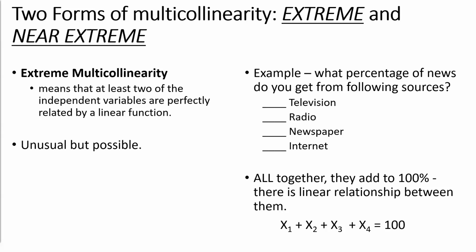And then you can say, compared to television, this is the relationship or the coefficient for this particular media form versus television. So there are ways to deal with it by creating dummy variables, but the problem with dummy variables is it makes your model much more complicated.